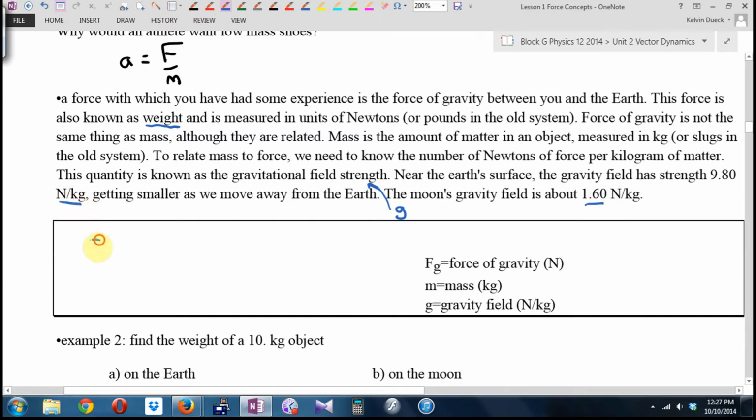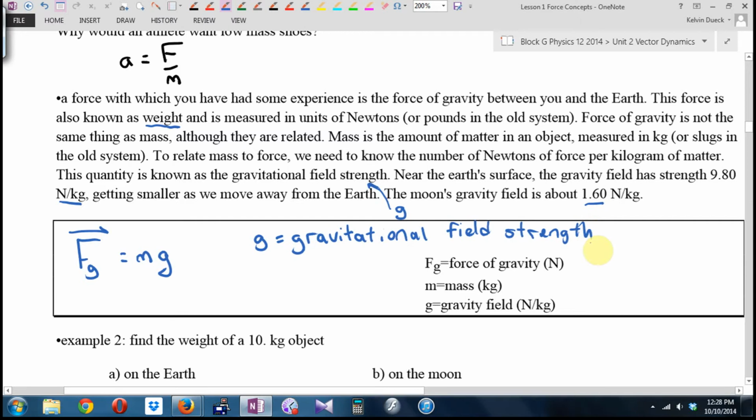So we said this last year. The force of gravity, as long as you're close to the Earth, was mg, where g equals the gravitational field strength, a synonym for which is acceleration due to gravity. We also broadened it last year into Newton's universal law.